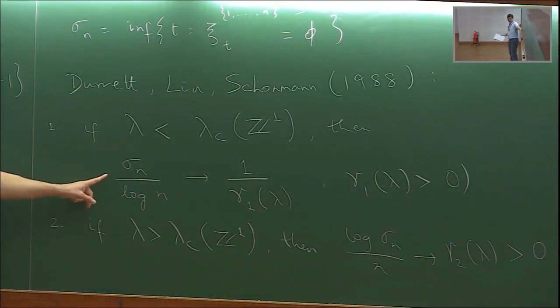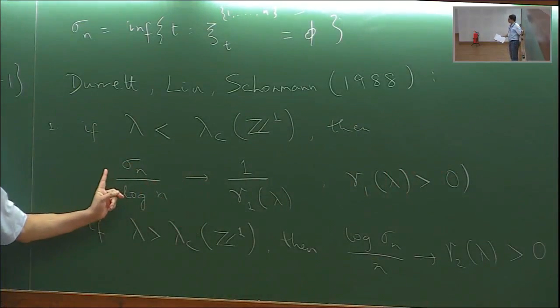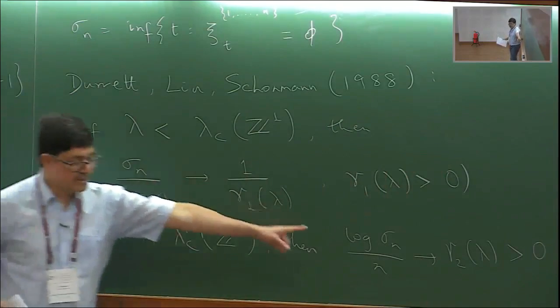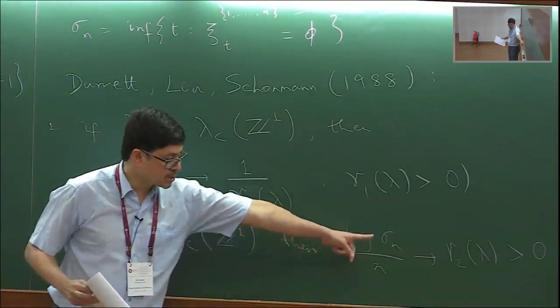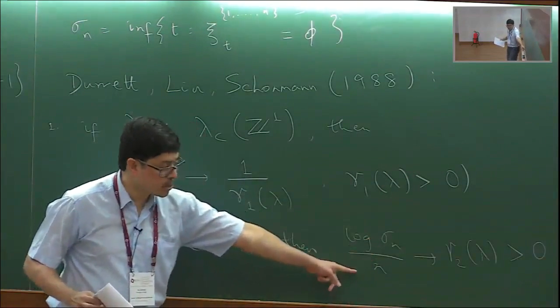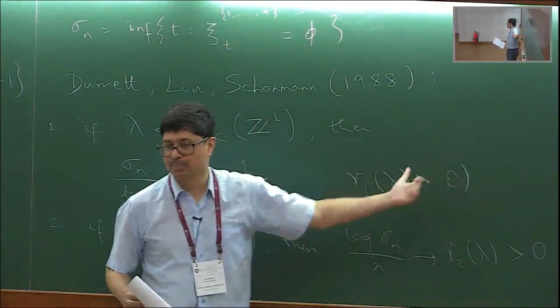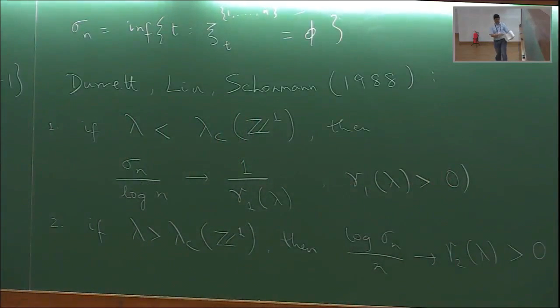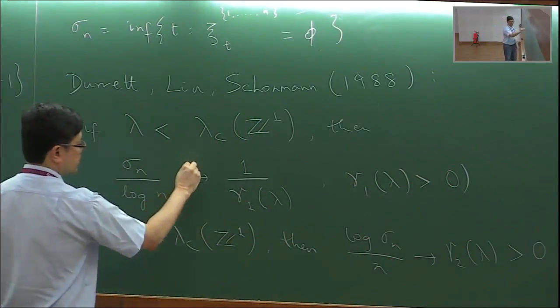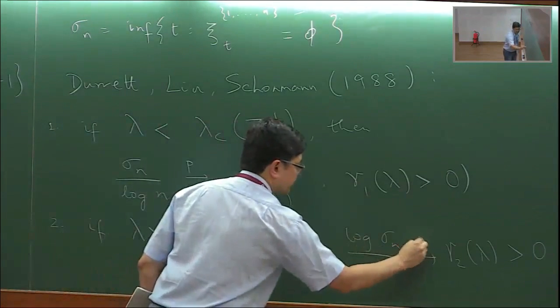So in the first case, your epidemic lifetime is logarithmic. And in the second case, it's exponential. So sigma_n goes to e to the n gamma_2, roughly. And both these convergences are in probability.